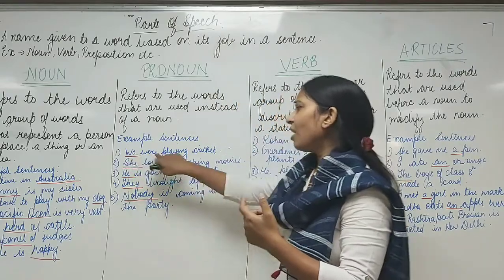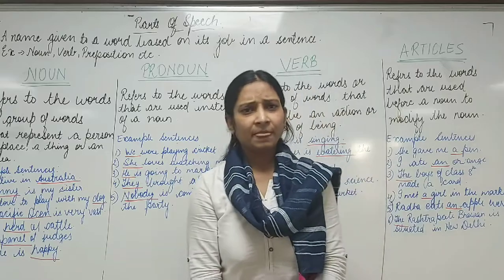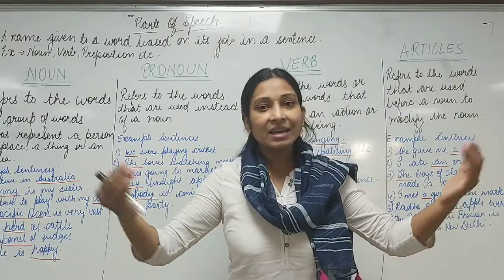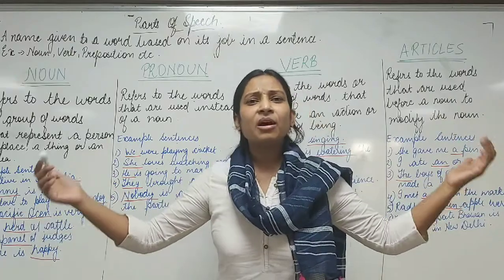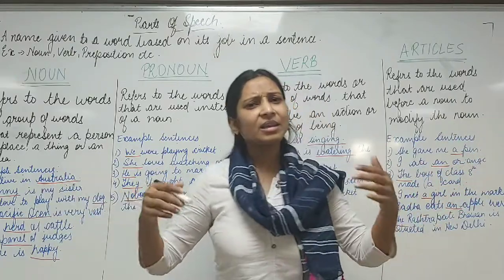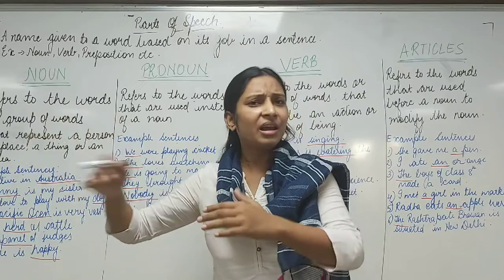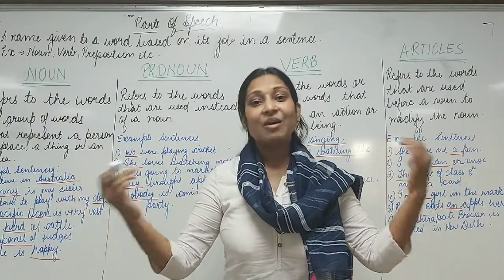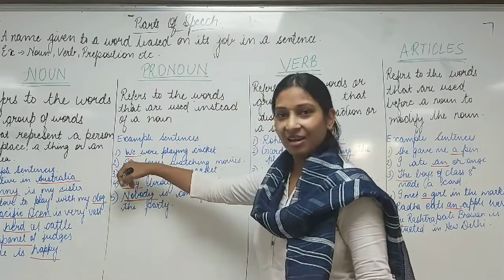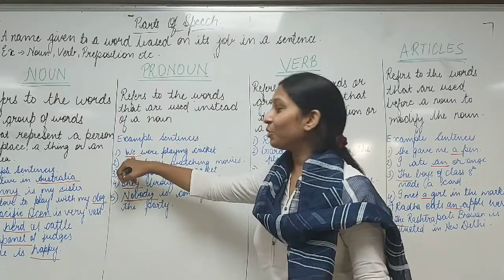Examples, we are playing cricket. We. I can name everyone, right? I can name Seema, I can name Radha, I can name Sita, I can name Kanishka, everyone. But instead of using names, what am I saying? We. Clear? So we here is a pronoun.